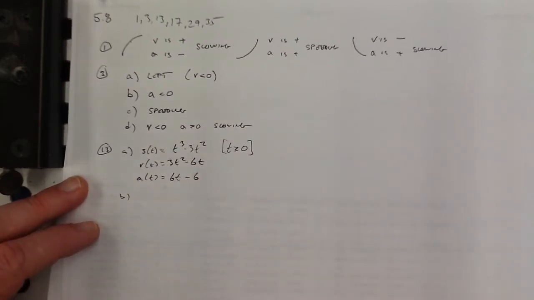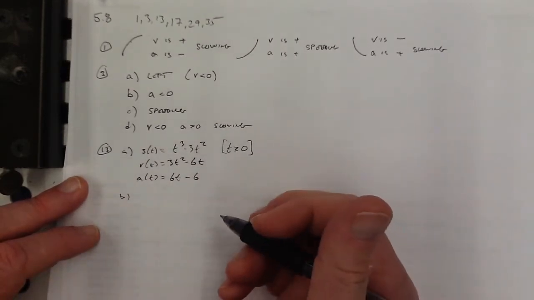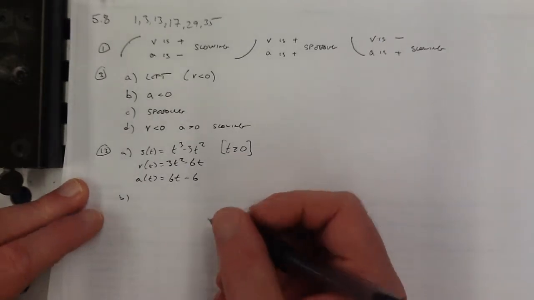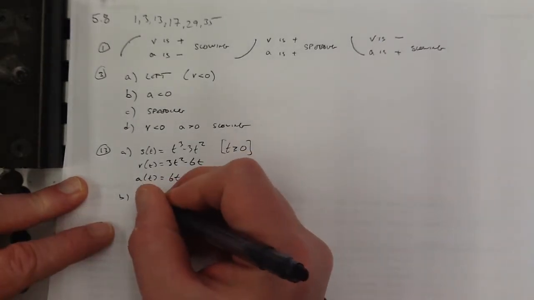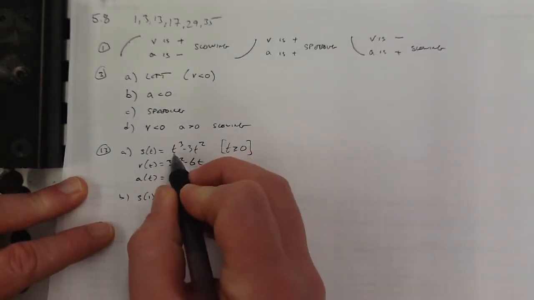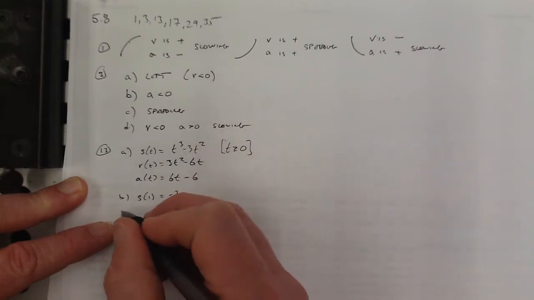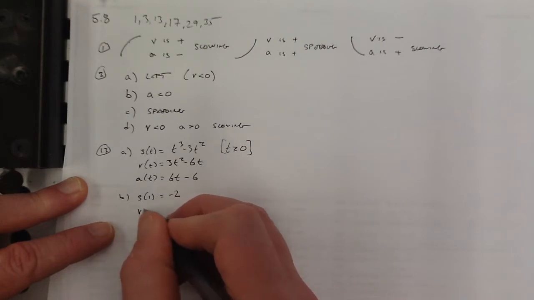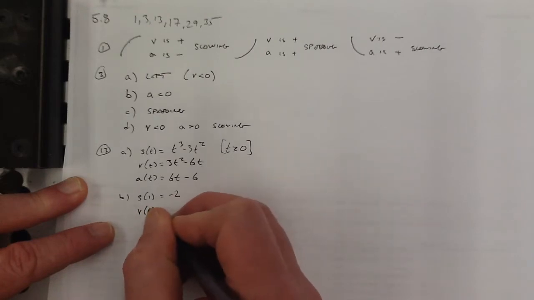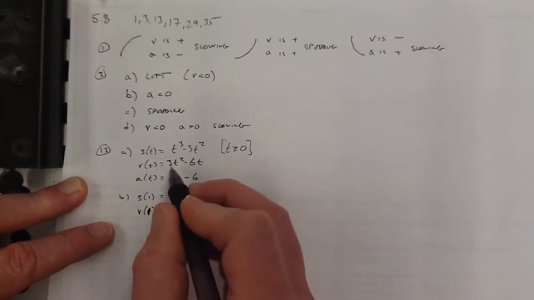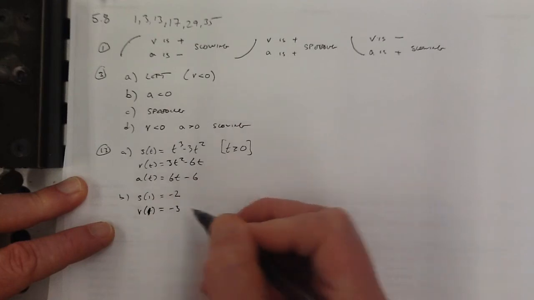Okay. Find the position, velocity, speed, and acceleration at time 1. So the position at time 1 is 1 minus 3. The velocity at time 1 is 3 minus 6.